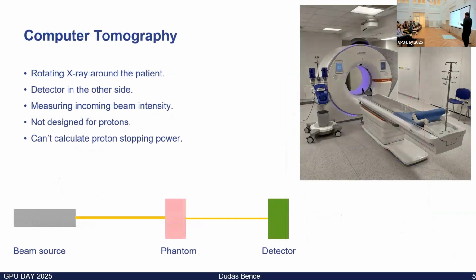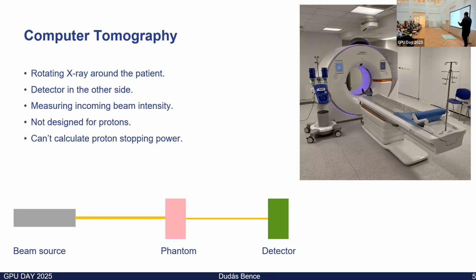But the problem with this is that the medical devices are not designed for proton CT, or hadron therapy. Traditionally, CT works in the way that we have a beam source where we beam photons into a phantom. This is the body part or the object we want to create a map of, and then we measure the intensity changes in a detector on the opposite side.